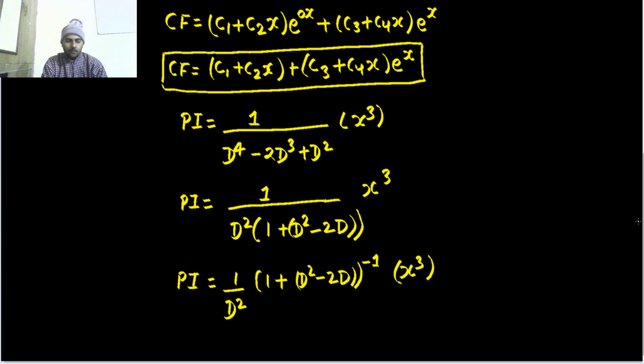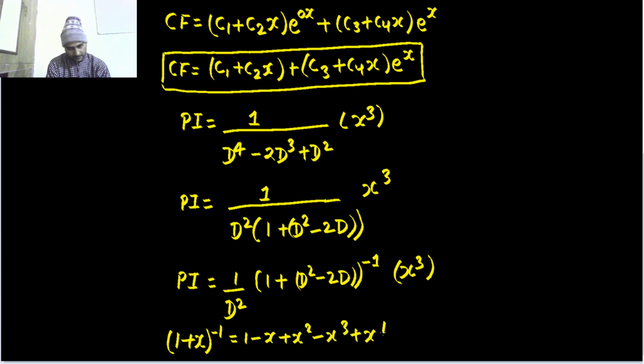Now (1 + x)^(-1) is 1 - x + x^2 - x^3 + x^4 - x^5 and so on. So I will have to see up to how many terms I will have to open this.